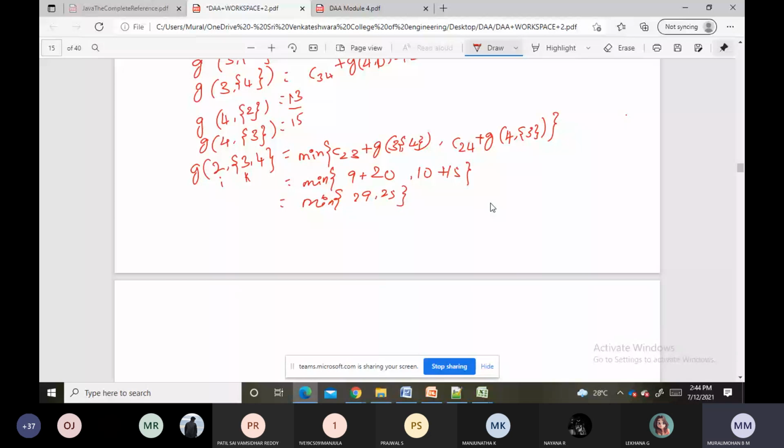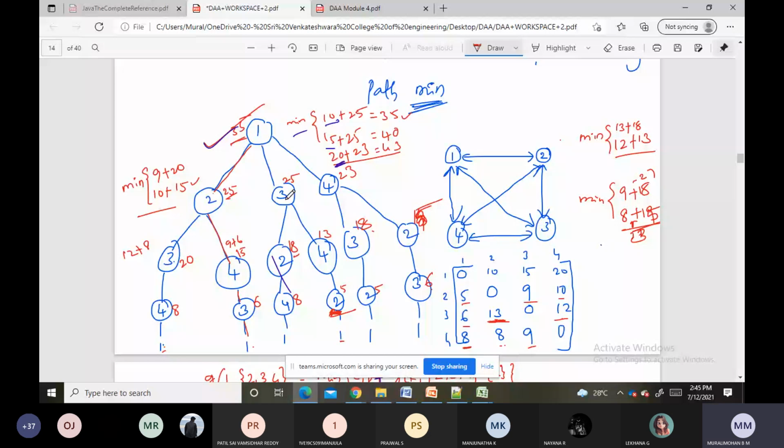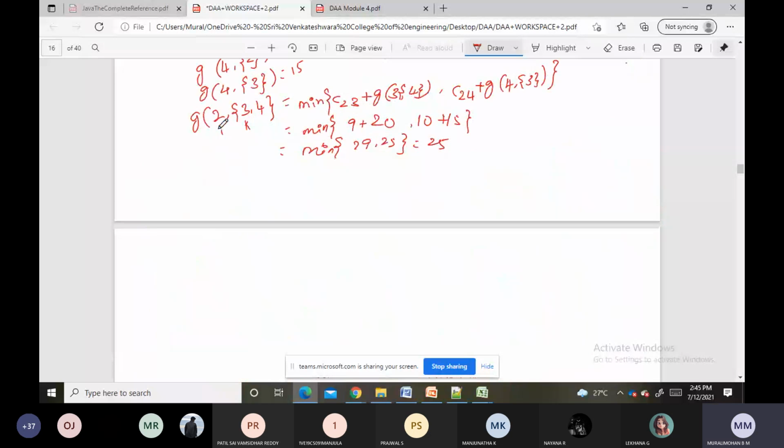Similarly, you calculate for the remaining. What are the remaining we are having? See, one path, if you select here 2, then we are finding the minimum here. Next is 3 and 4 is there. So you should calculate. If you are going for the 3 instead of 2, then calculate G of 3.